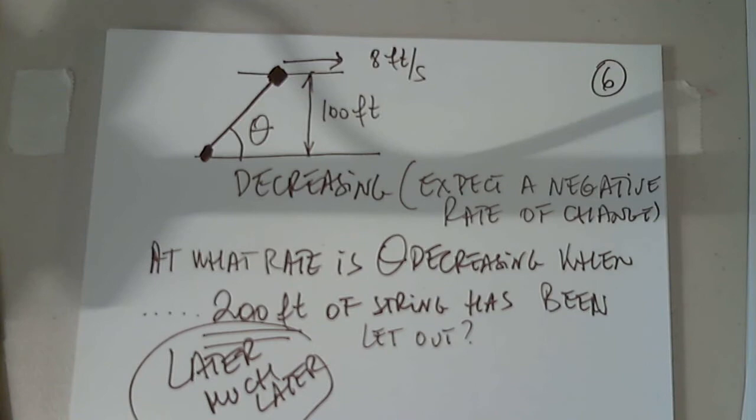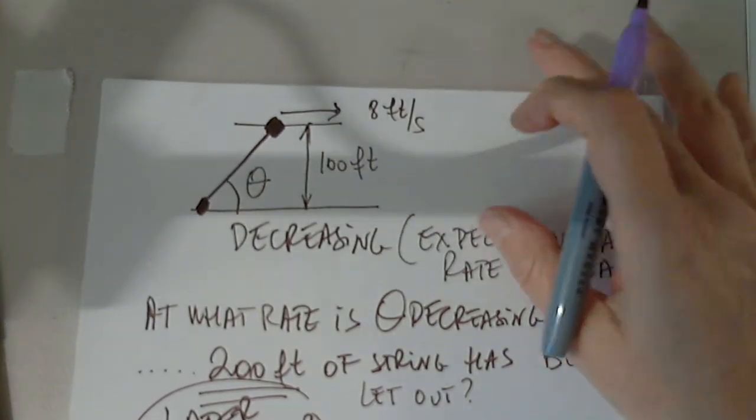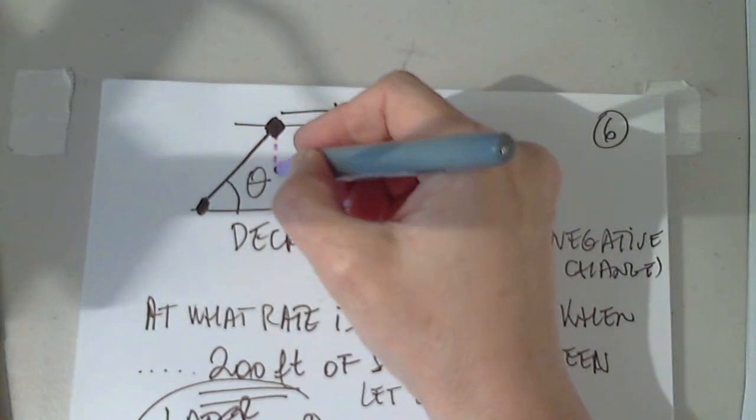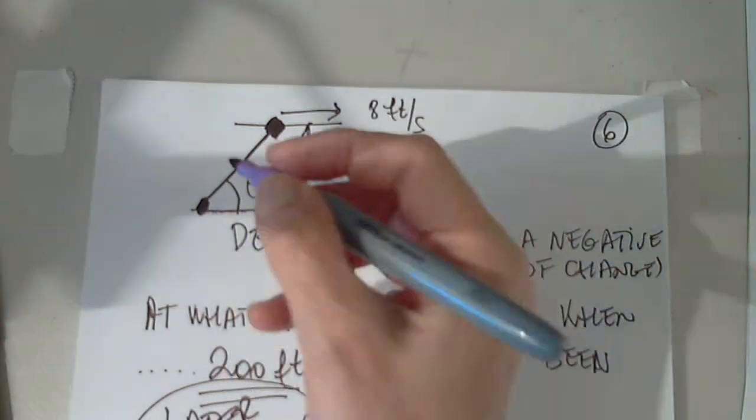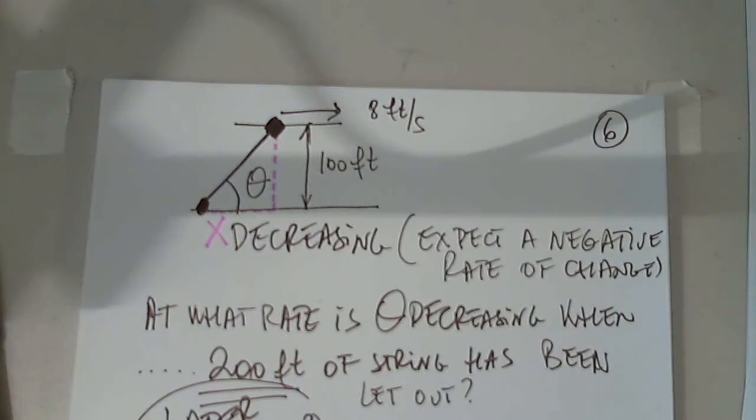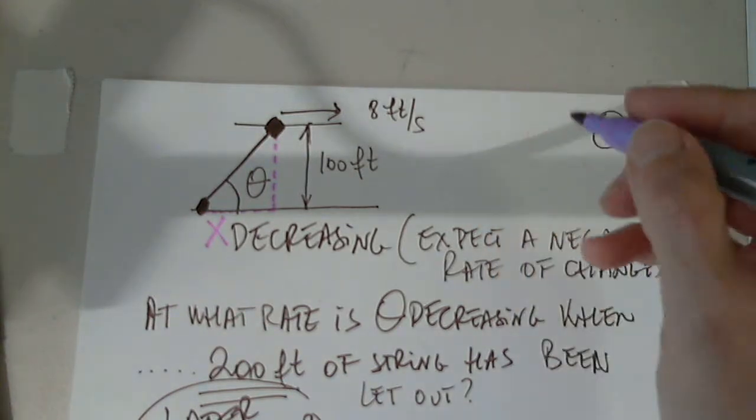So, first of all, what is given? What is 8 feet per second?